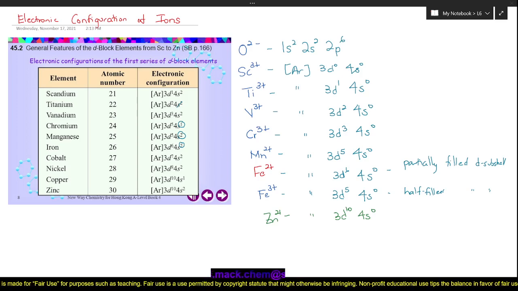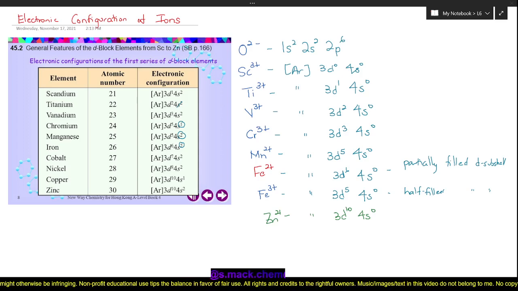Once these shells have electrons in them, they revert in terms of their energies, where we would say the 3d, which now has some electrons, is lower in energy than the 4s, which will be higher in energy. So that's why the electronic configuration is written with 3d first and 4s after.